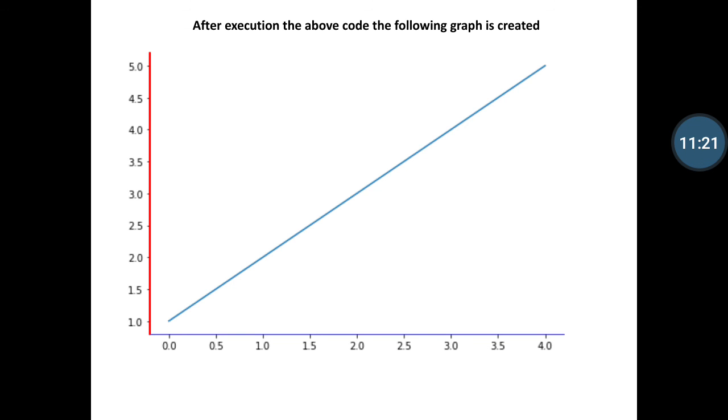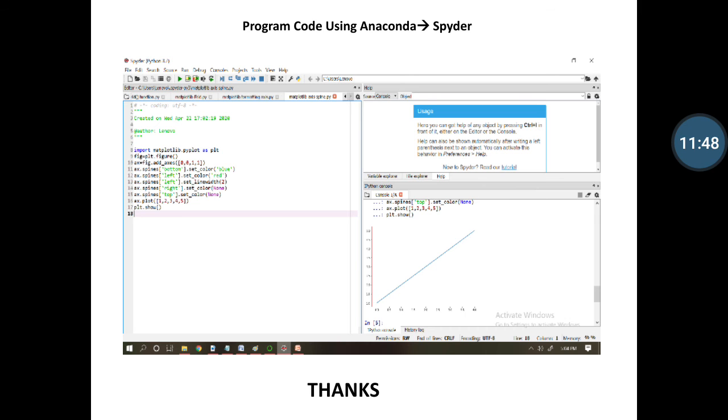After execution, the graph is created as per the defined colors. As you can see, the x-axis is blue and the y-axis is red, and the spine that defines the line is also blue. I also execute the above code in the Anaconda environment using the Spyder tool and write the code for your convenience.